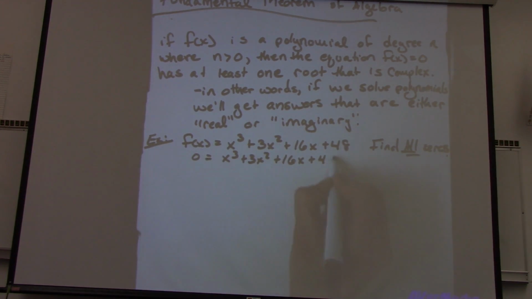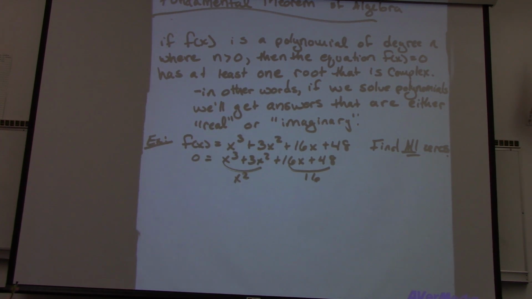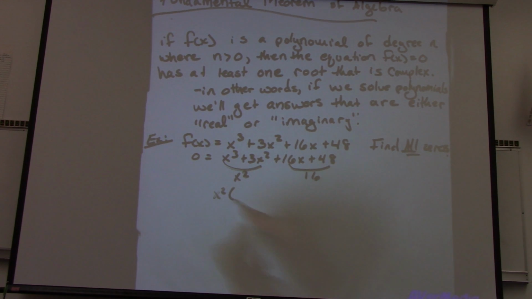And what should I check to solve this equation first? Yeah, see if I can factor by grouping. First two, last two, let's GCF the first two. Last two, higher. Pull out the x squared, and what do I get?